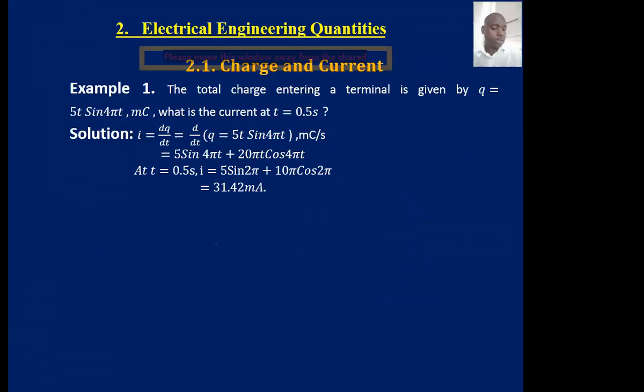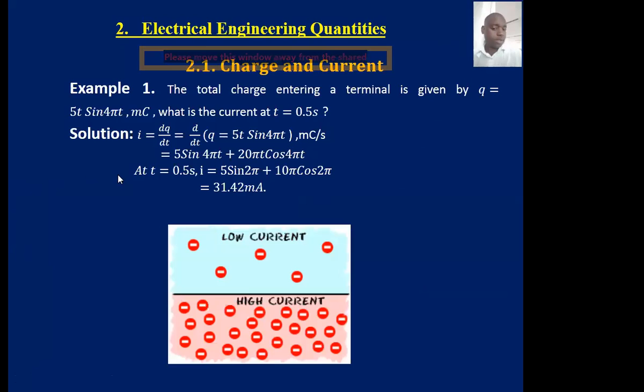As an example, let's see how we can use that previous formula to calculate the current. The total charge entering a terminal is given by q = 5t sin 4πt in millicoulombs. What is the current at t = 0.5 seconds? In our solution, we note that current is the rate of change of charge with time, so dq by dt is our current.